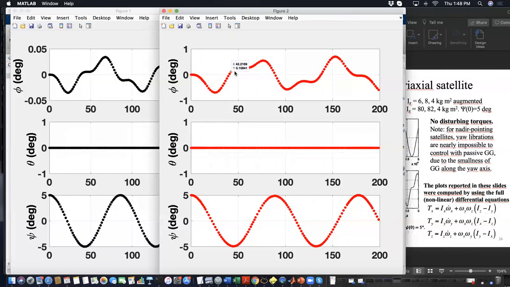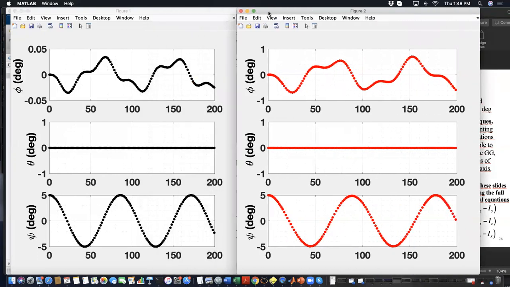If you have a boom along the yaw axis, you are increasing the moment of inertia along the roll axis only. Since we know from the expression that we have written that theta is not really affected by the other two dynamics, basically in our approximation theta is still.